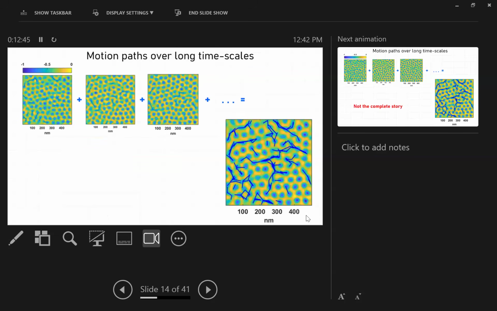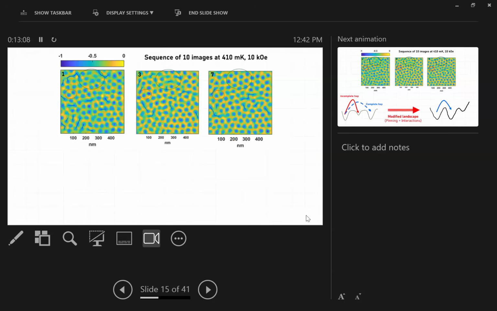Now, I also do not take one image, but we take at least 10 or 20 images successively at the same field and temperature, at the same location. And you can see that these motion paths are also changing from frame to frame. So over a long time, the motion path will be the linear superposition of all these motion paths that you see here. But there is something more to the story.